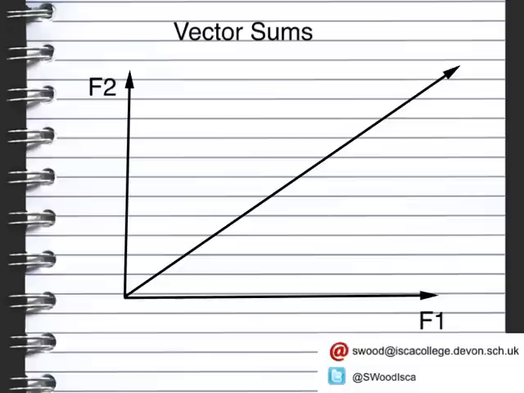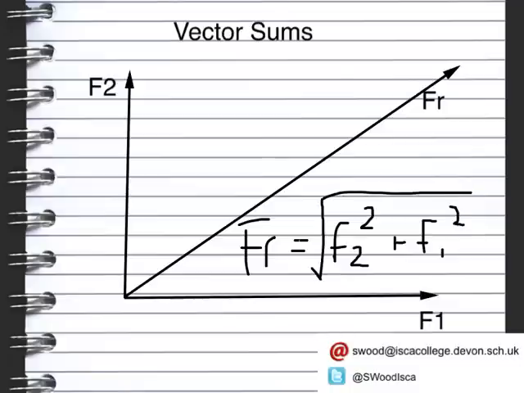So, in order to calculate Fr, Fr is equal to F2 squared plus F1 squared, and then we square root that. And you'll probably be familiar with this with Pythagoras' law.